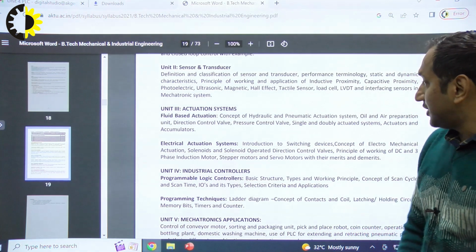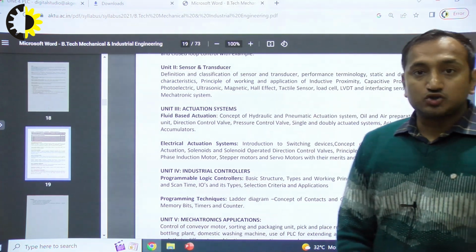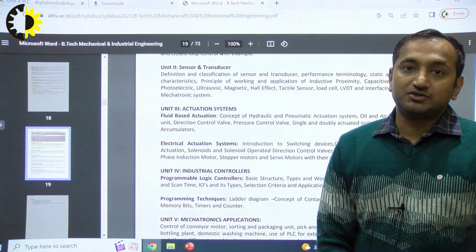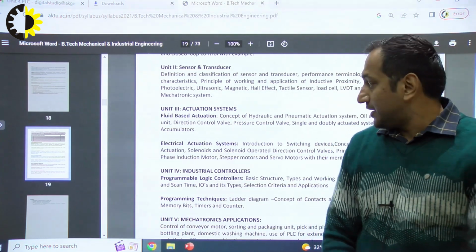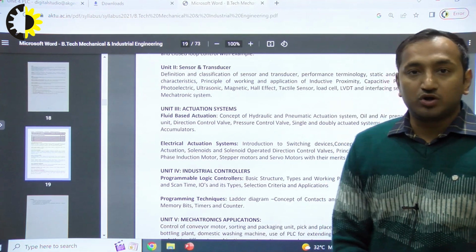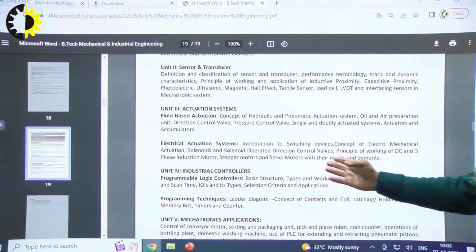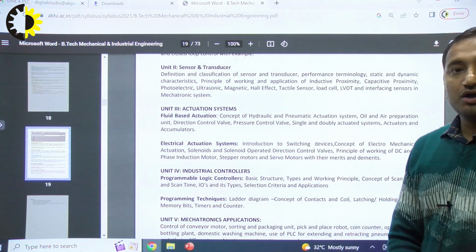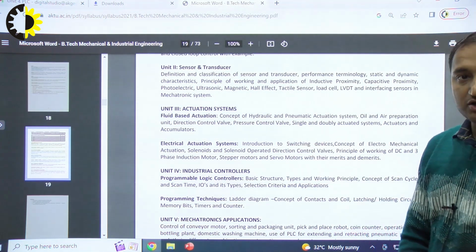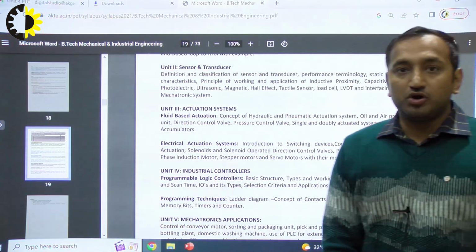Fluid based actuation deals with hydraulic actuation and pneumatic actuation. Pneumatic means when you are doing some kind of work with the help of air pressure. And electric actuators examples are motors, servo motors, types of motors. So this is what we have discussed in unit number 3, actuation system, which is output devices.